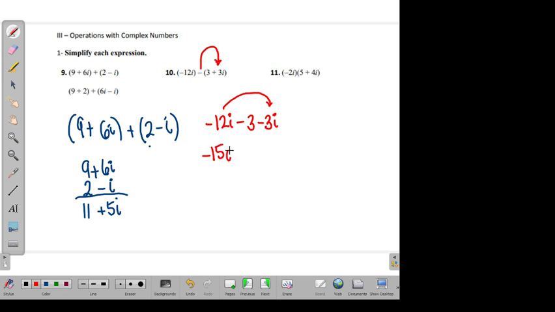Minus 15i minus 3. But remember, we like to put the real first and then the imaginary number. So we're going to put minus 3 first, minus 15i, just so that we put them in the right order. Everybody okay? All right, now we're ready for the multiplication.